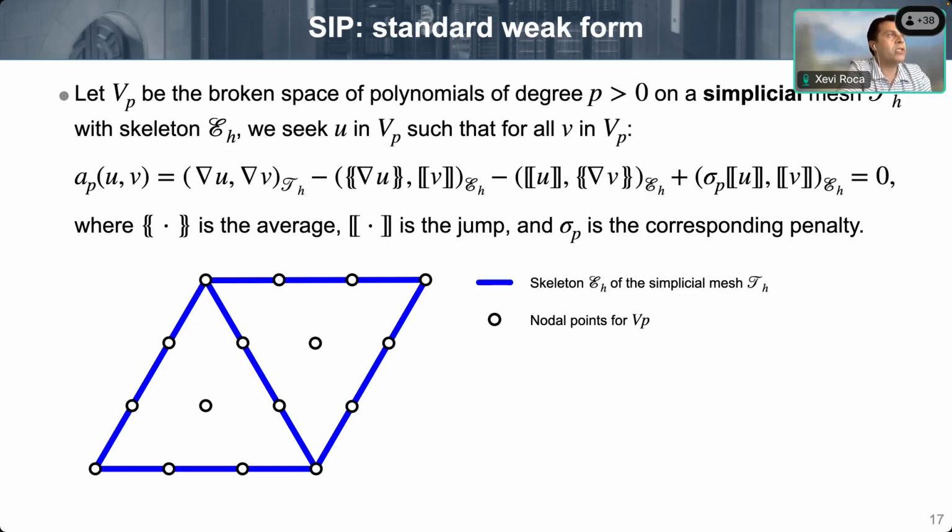It's an integral on the skeleton of the mesh, because it's an integral on E_h. And the third term also has a gradient of v. These terms would disappear if p is equal to 0. Here, the curly braces are for the average and the brackets are for the jump. And sigma_p is just the corresponding penalty to make the method stable, penalizing the discontinuities of the solution u. Next slide, please.